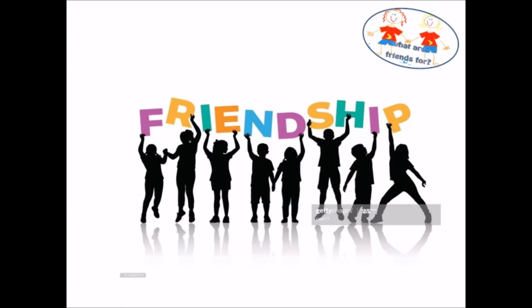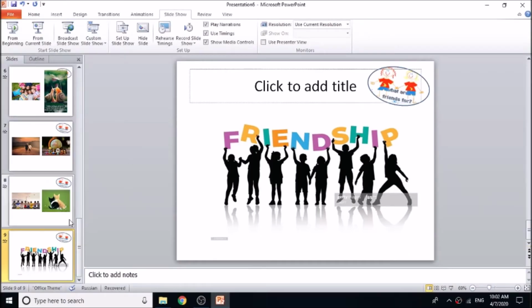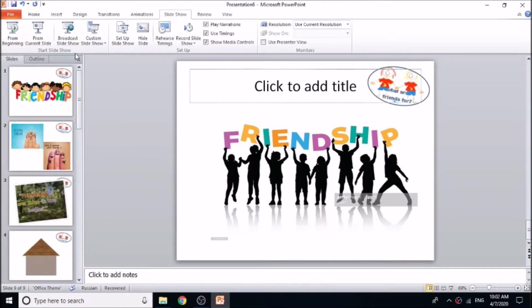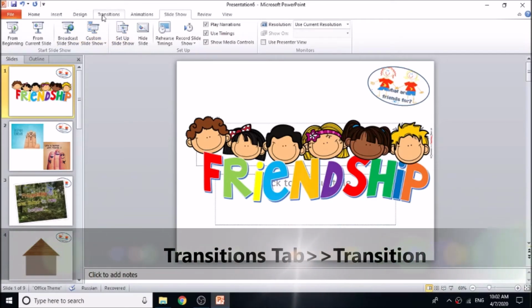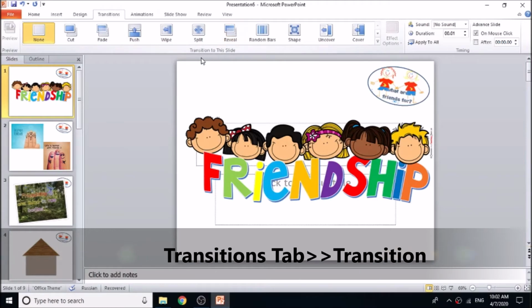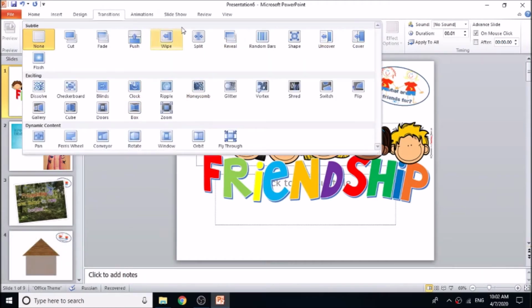So how do we add a transition effect to our presentation? I am going to explain from the beginning. First of all, select the slide to which you want to apply your transition effect. Go to the Transitions tab, and in the Transition Options gallery, choose one of these transition effects.